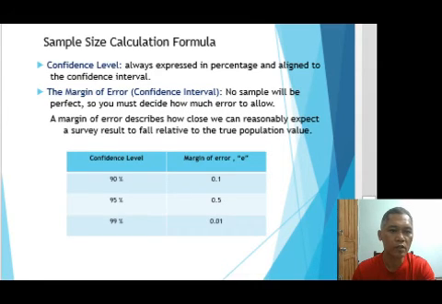For a confidence level of 90%, the margin of error is 0.1, and for 95% confidence level, we have a margin of error of 0.05, and for a confidence level of 99%, we have a margin of error of 0.01.